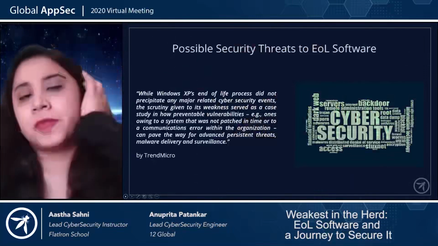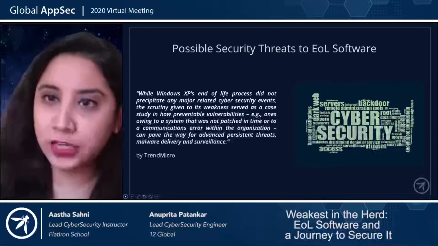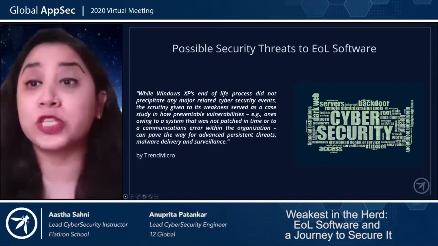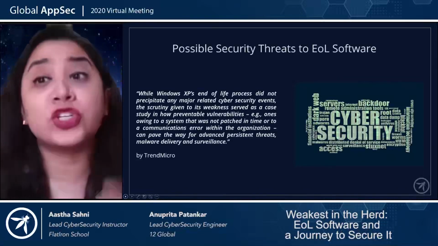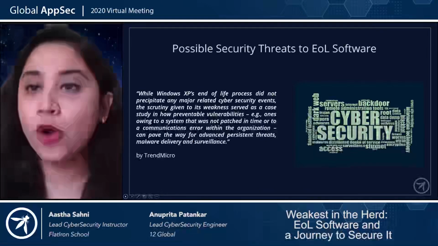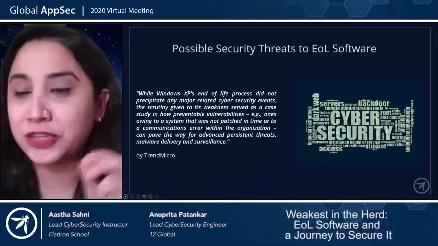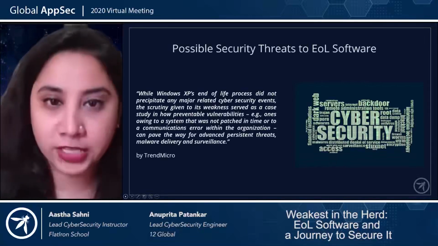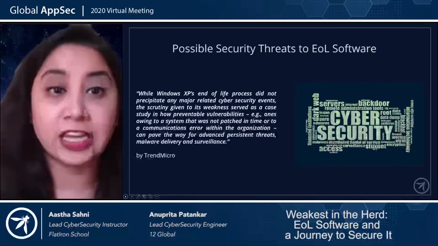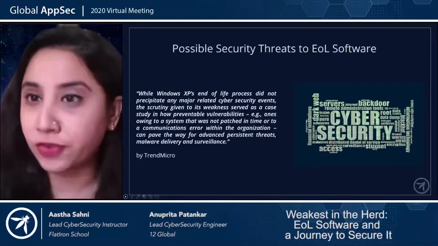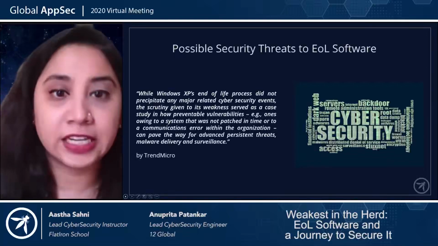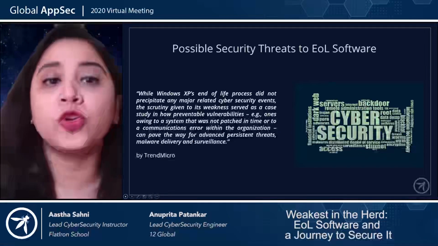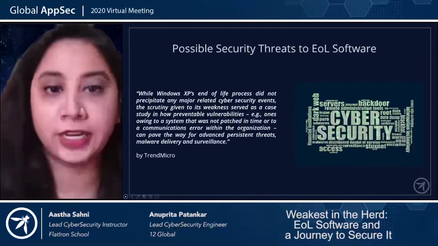Possible security threats. As for the risks associated with EoL software, if you can see this paraphrase in the slide, it was mentioned by a blog from Trend Micro in 2015 that while the Windows XP end-of-life process did not precipitate any major cybersecurity related event, it is scrutinized as a case study in how to prevent vulnerabilities.